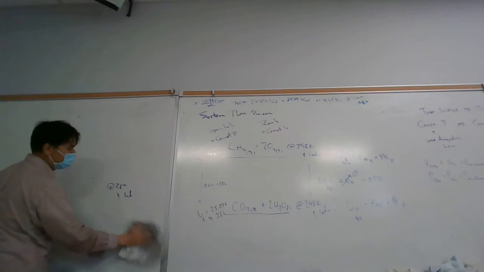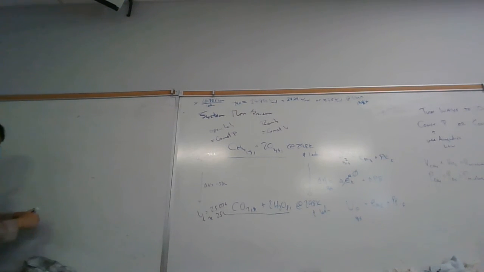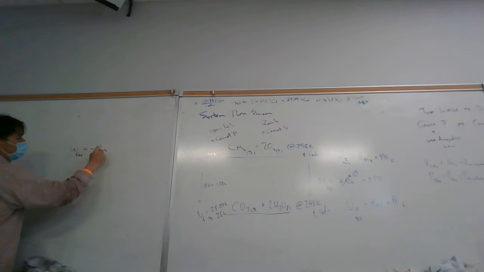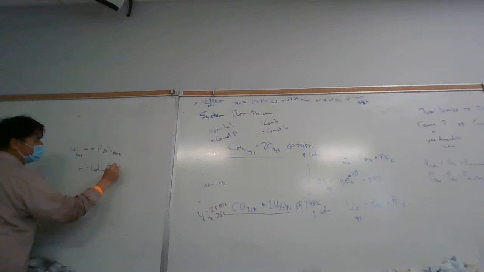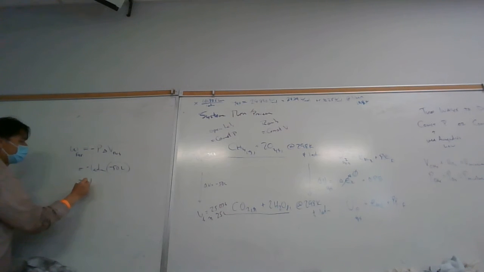Work is equal to minus P delta V. Okay, the pressure is 1 atmosphere, and then delta V is going to be minus 50 liters. And so this is going to be plus 50 liter atmospheres.